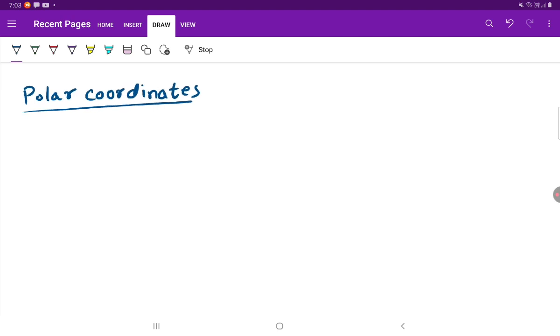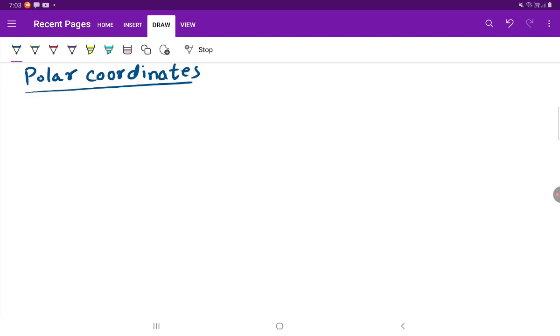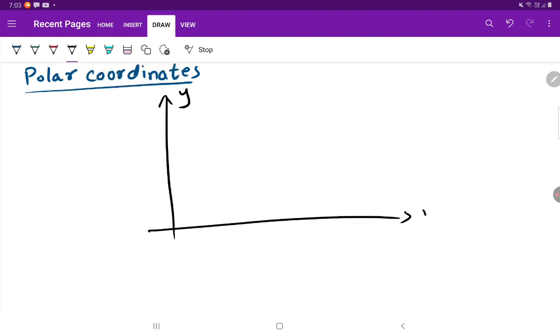Polar coordinates. I must have briefly told you about polar coordinates, that we take two axes. We do not define them as the x-axis or y-axis, but instead of writing x and y coordinates as the position, suppose the red dot P represents the particle.